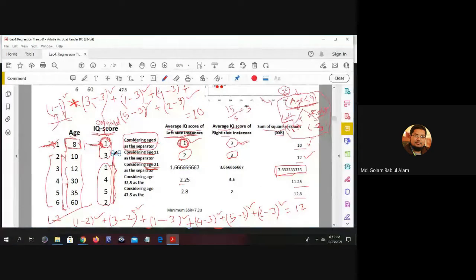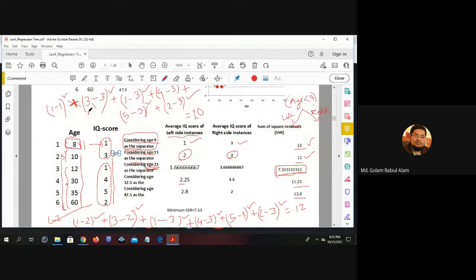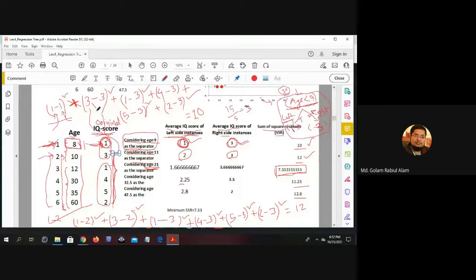So these are the original IQ scores of the right side, but the prediction is 3. For the second observation on the right side, the original IQ score is 3, and the predicted IQ score is 3.